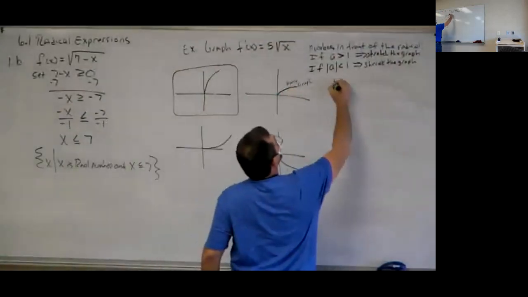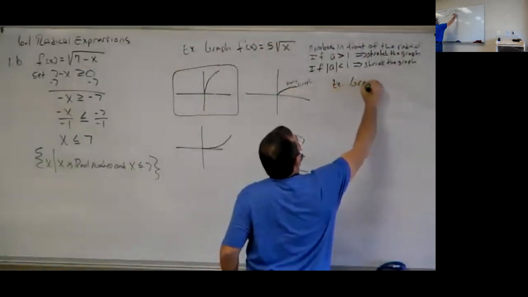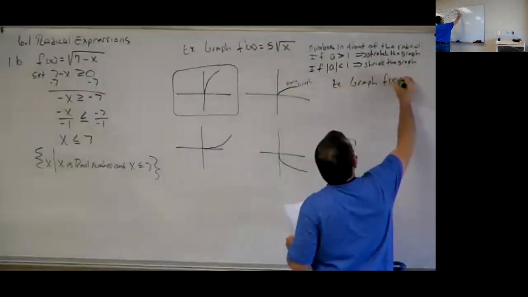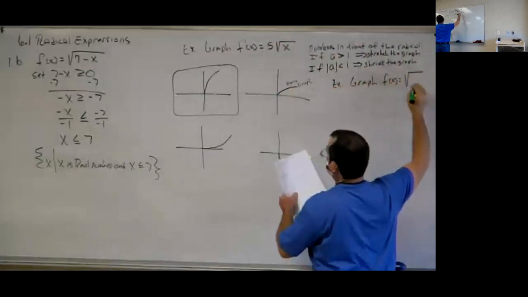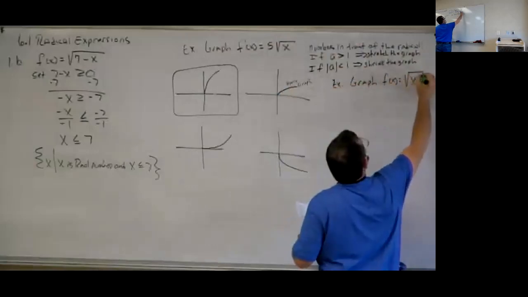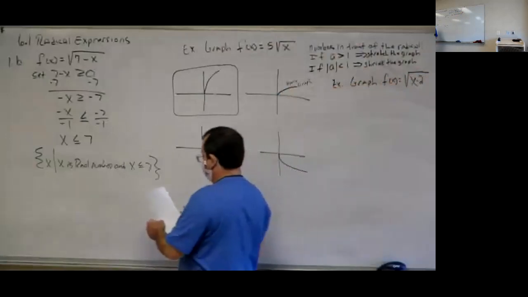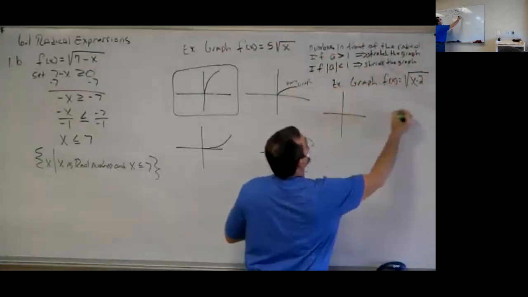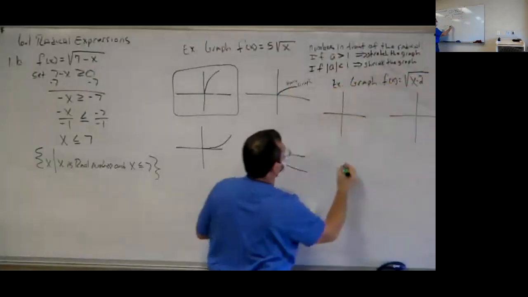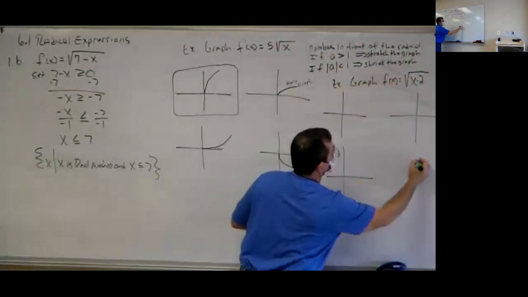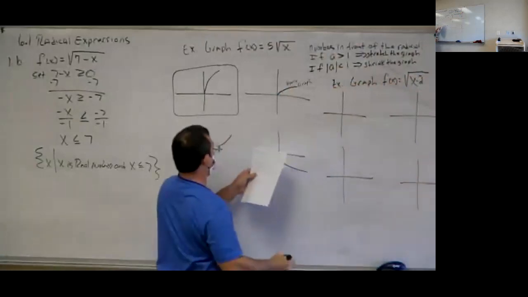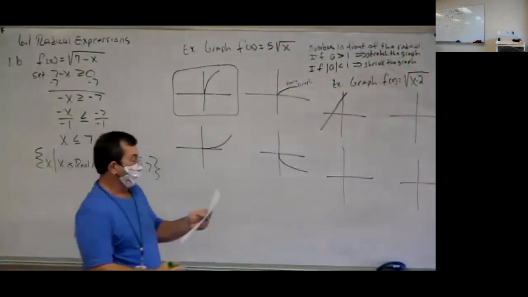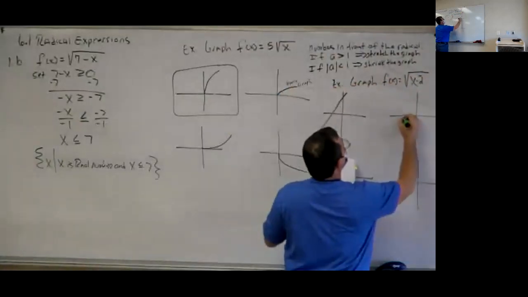So I'm going to do one more graph and then move on. How about f of x equals square root of x minus 2? It looks like a straight line. B is over here and going.